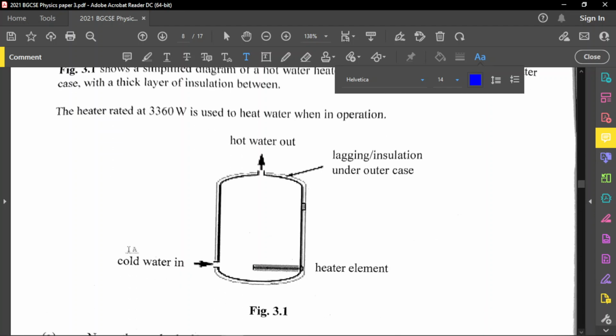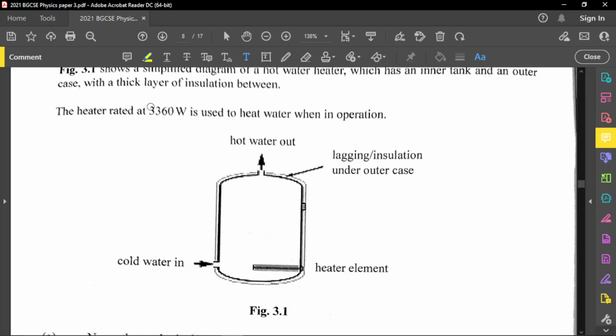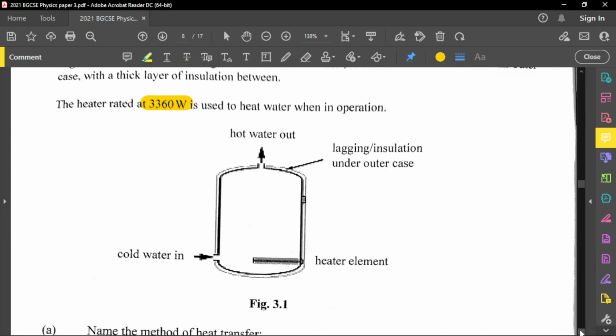You have cold water going in from the bottom, hot water going out at the top, the insulation on the outer case, then the inner case, and then you have the heater element. This is what applies heat to the water inside, and it is electrically operated. But there's something important that they mentioned, that we have 360 watt. That's very important, so let's make a note of that before we go into anything else.